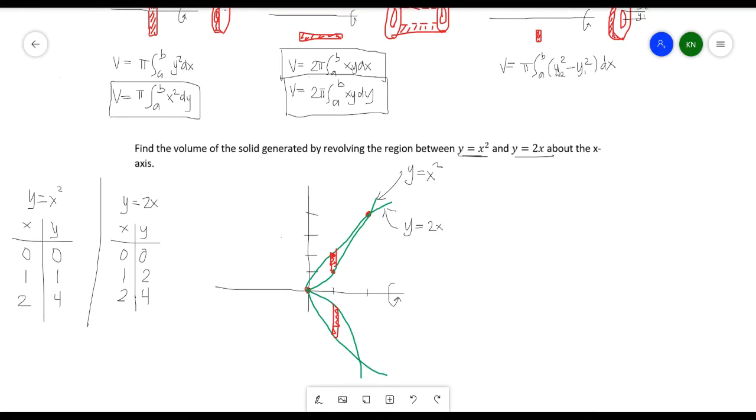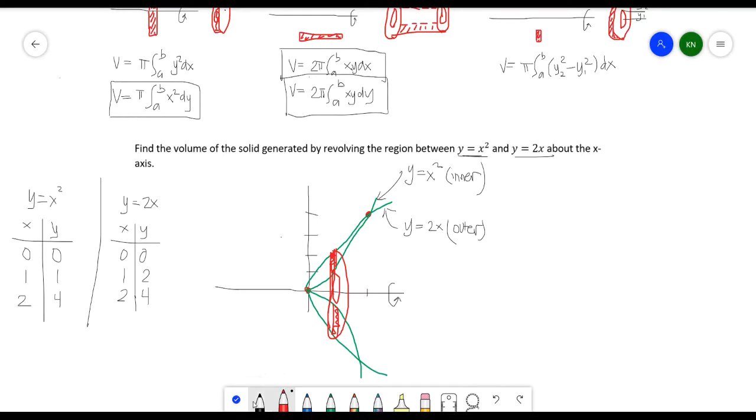the radius of the outer curve minus the radius of the inner curve. As we know, again, this is our outer curve, and this is our inner curve. So again, if you try to create a circular disc, here we have this form.